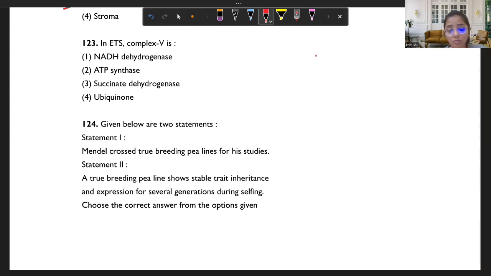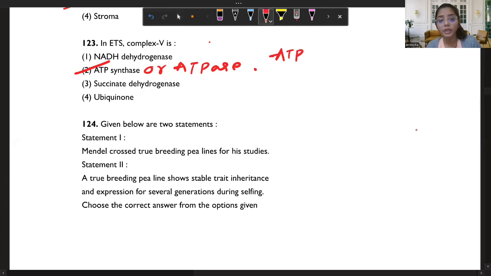Complex 5 in the electron transport chain is referred to as ATP synthase, also known as ATPase. So the answer to this question is option number 2, ATPase. ATP synthase helps in synthesis of ATP, that is adenosine triphosphate, from ADP plus inorganic phosphate.